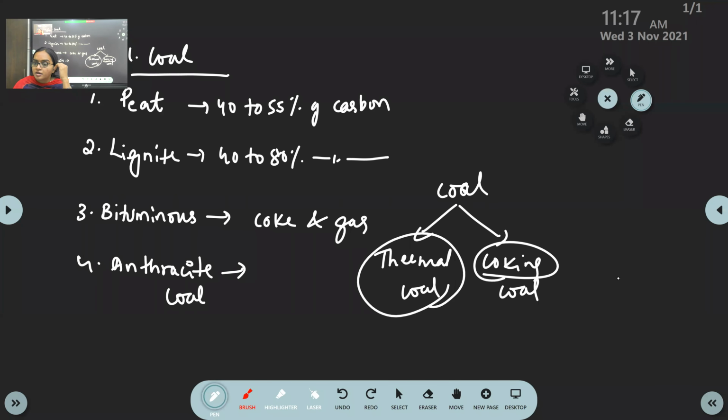Next, last one, poor connectivity from mines to consumer locations.